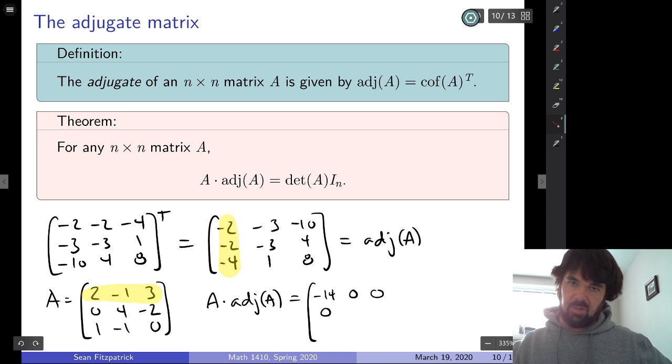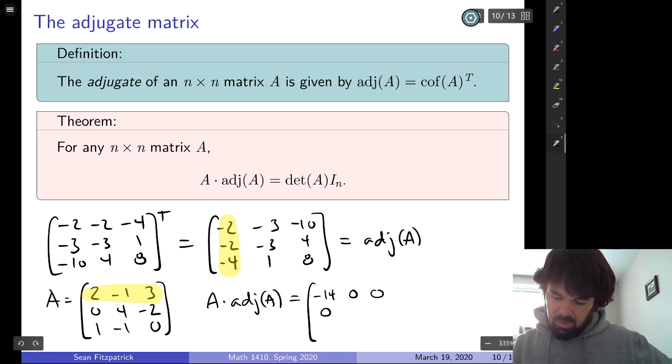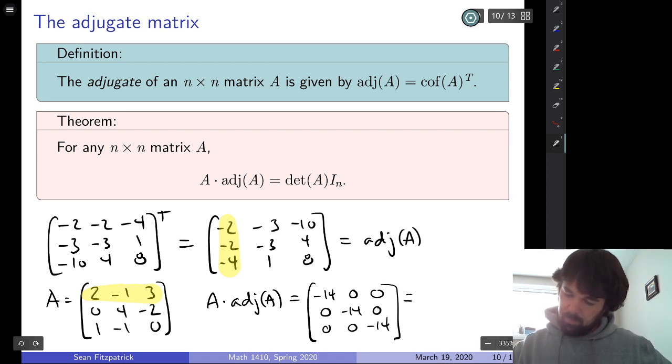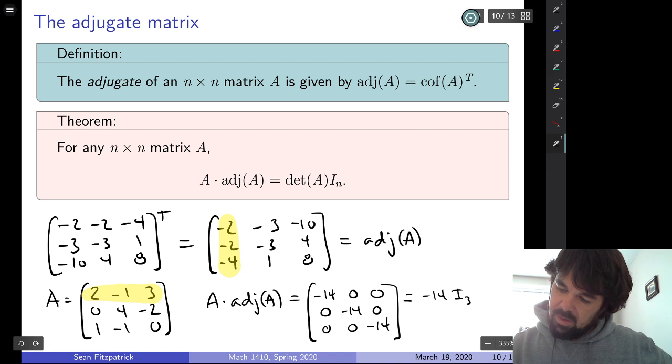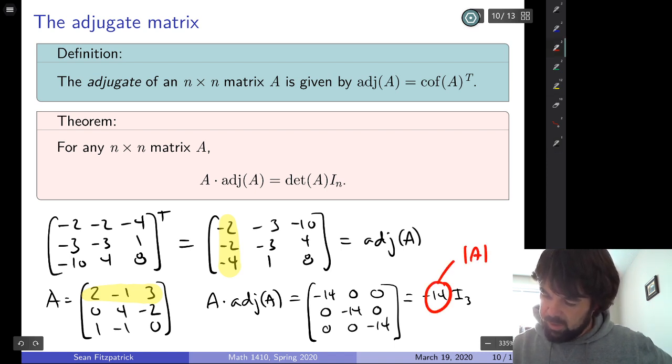That's the determinant expanding along the middle row. And you can check that you again get minus 14. I'll trust that the rest is right. So this is actually minus 14 times the identity. And this minus 14 here is actually the determinant of A.